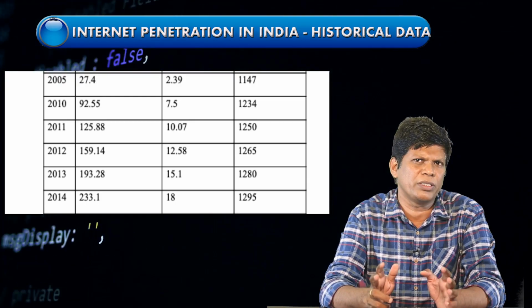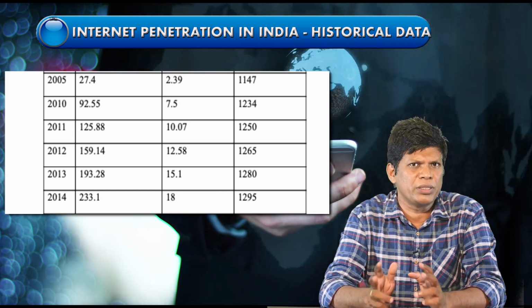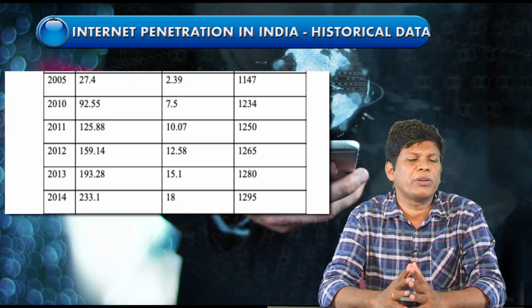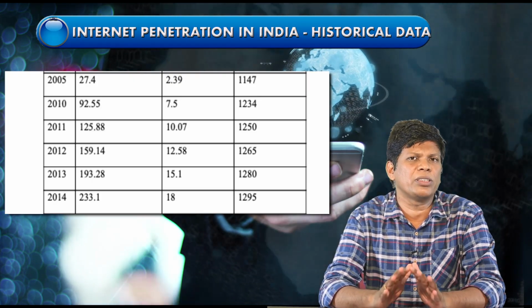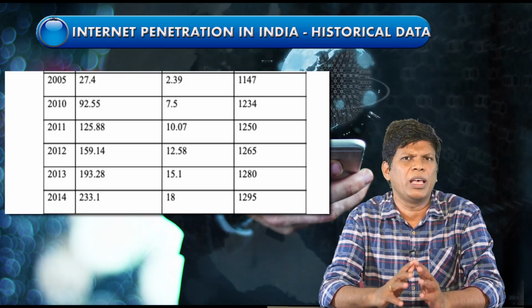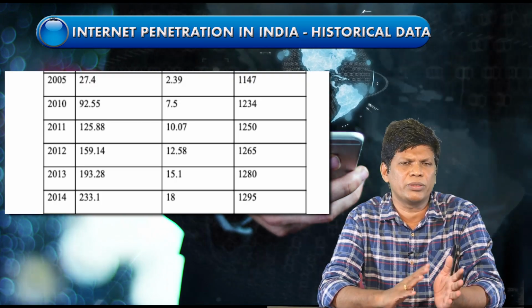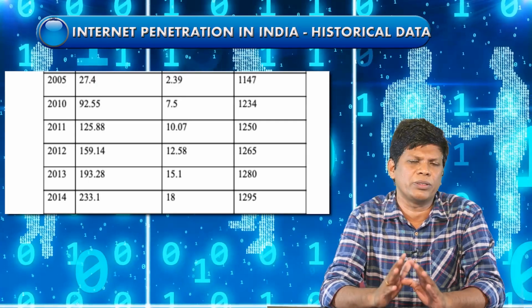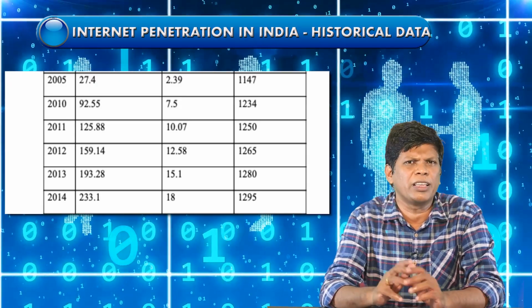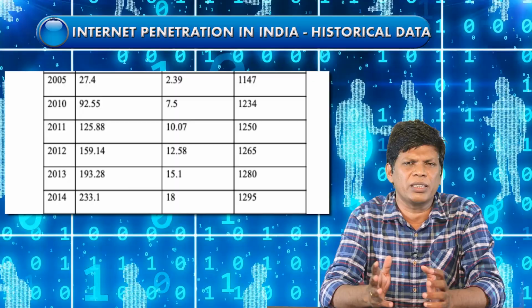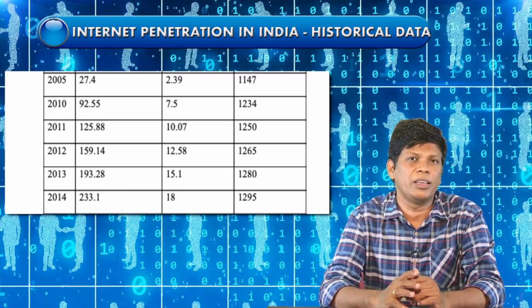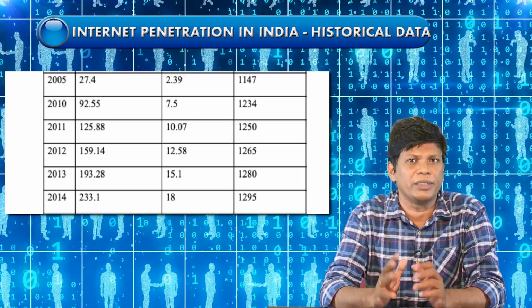That's roughly 2.39%. By 2010 we reached a penetration level of 7.5%, almost 3 times. 2000 to 2005 was 5 times, 2005 to 2010 was 3 times, to 7.5%. That approximately results in 92.5 million internet users by 2010.